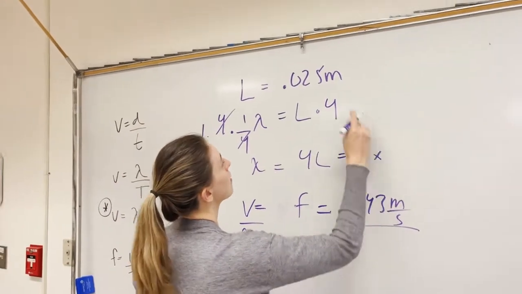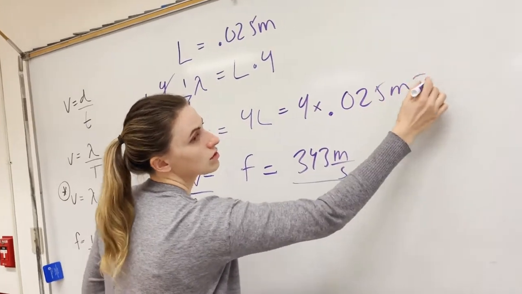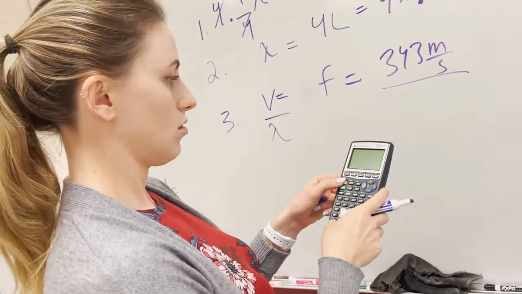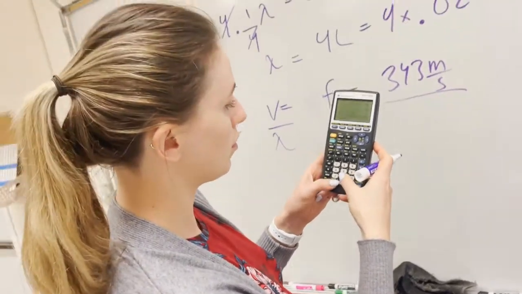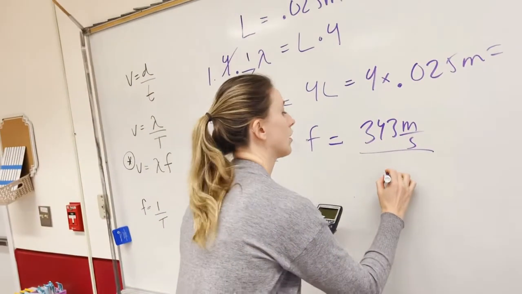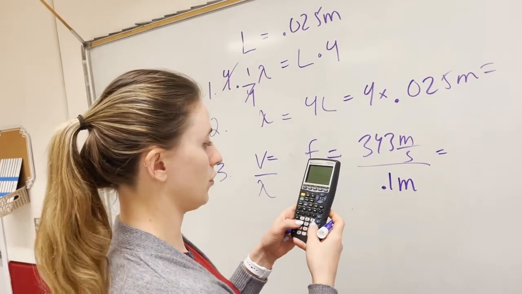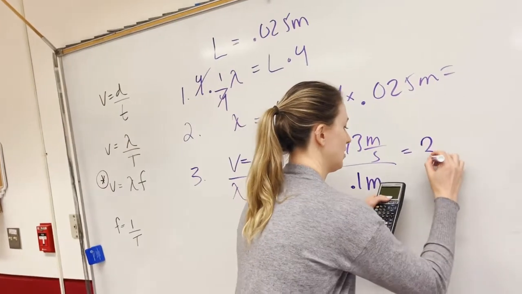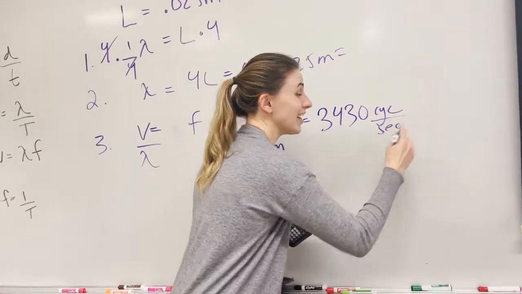So 4 times 0.025 meters, and I get 0.1. Okay, so 0.1 meters here at the bottom. And then 343 divided by 0.1, and we get 3,430 cycles per second. So that is the frequency.